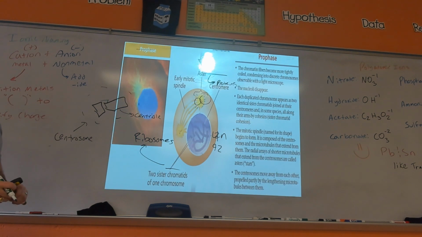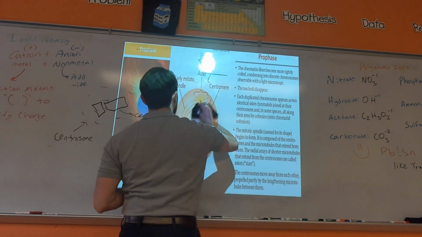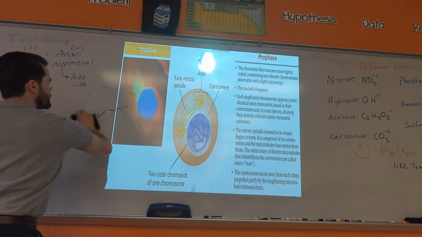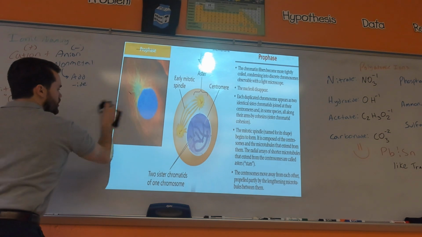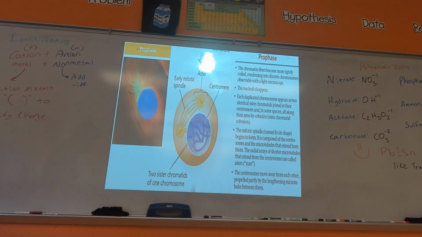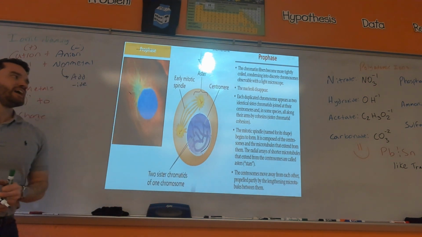Okay. So now we're at prophase. Now we're officially at the start of PP-MAT, the start of mitosis. In prophase, you'll notice how you can now see the chromosomes. They're nice and condensed.